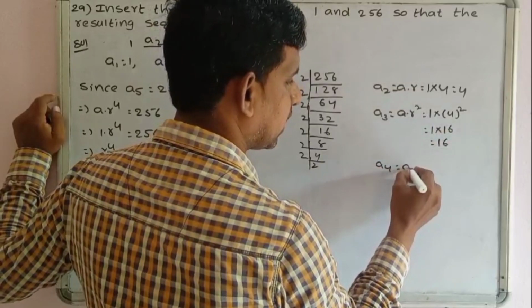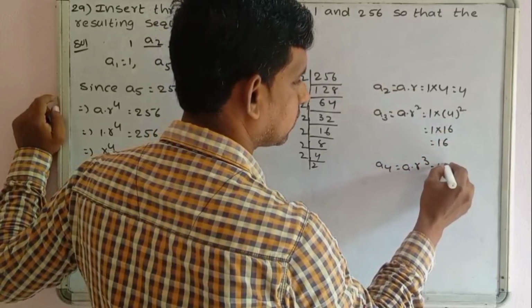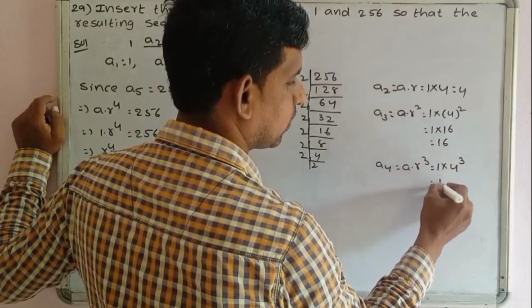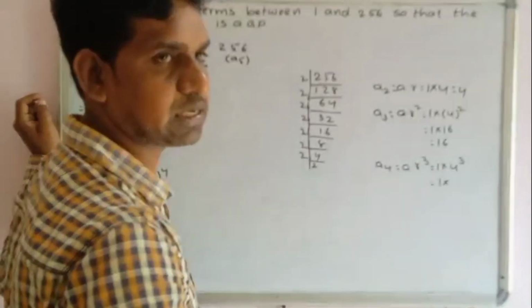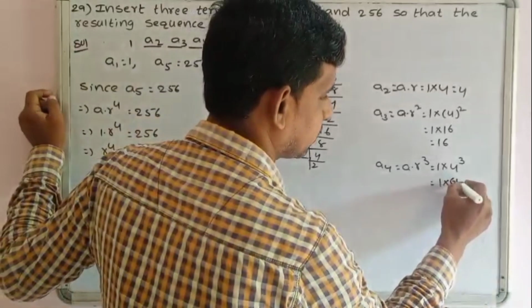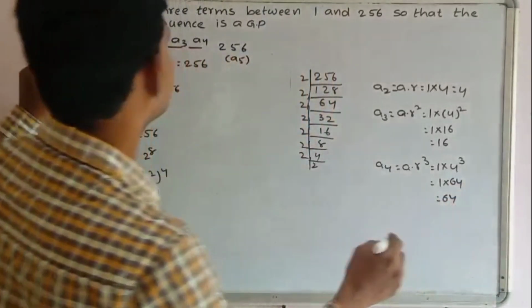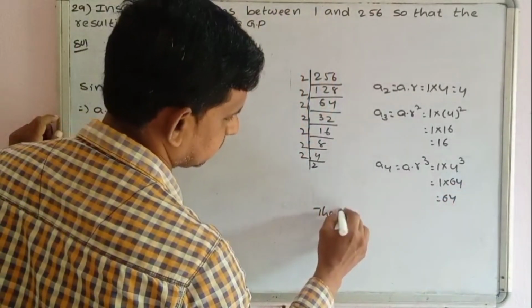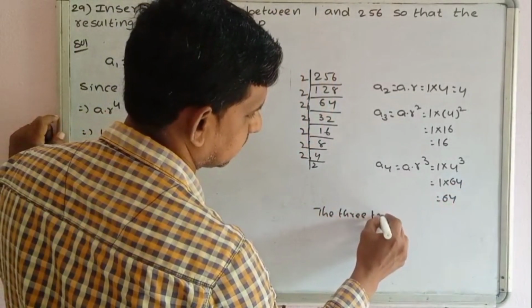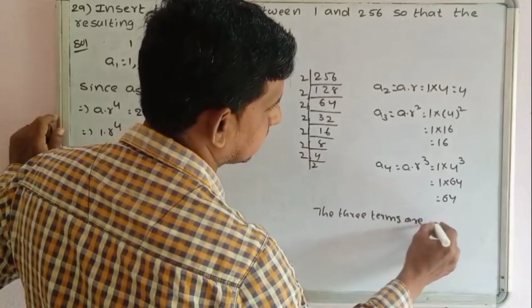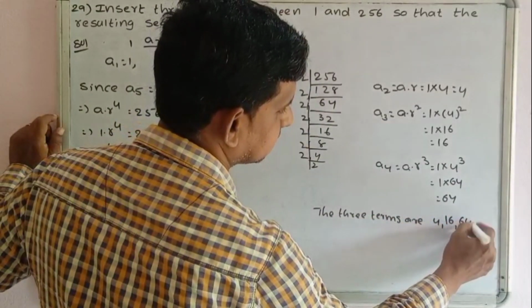A4 formula is a into r power 3. So 1 into 4 power 3. 4 power 3 is 16 times 4, which is 64. So 1 into 64. Therefore the three terms are 4, 16 and 64.